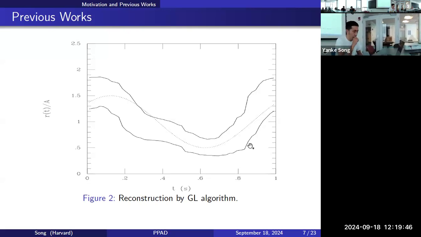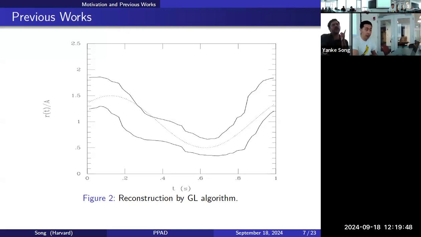So here the dotted line is a simulated actual variability pattern, or what is? Yeah, I think the dotted line is the simulated actual light curve. I'm not showing the event files here, but they use those simulated event files to reconstruct via the Gregory-Loredo algorithm.